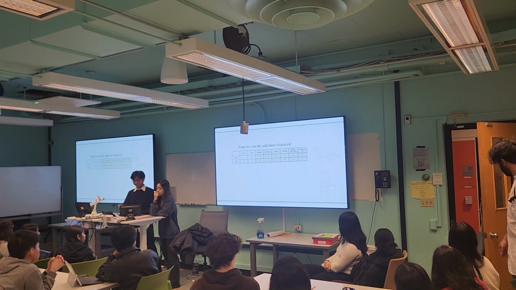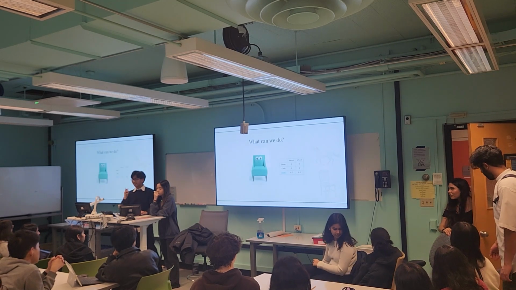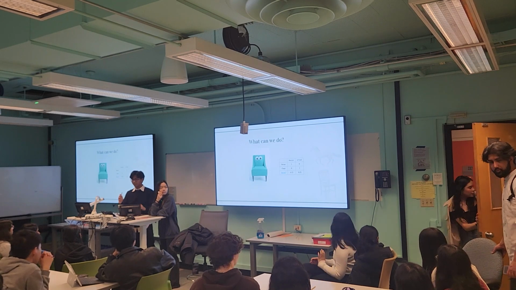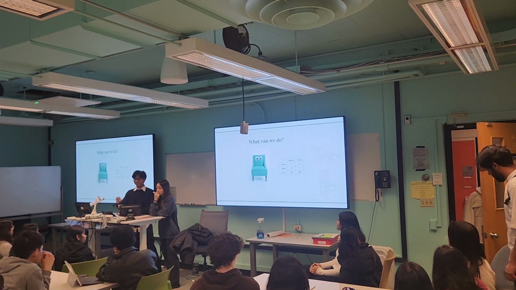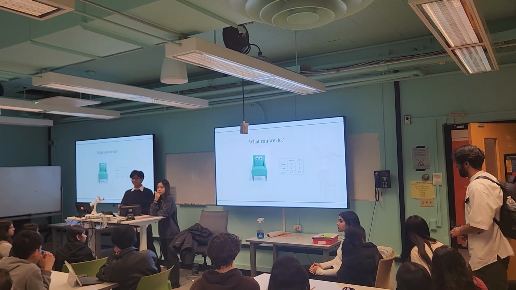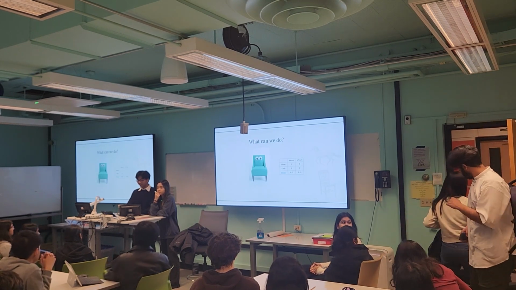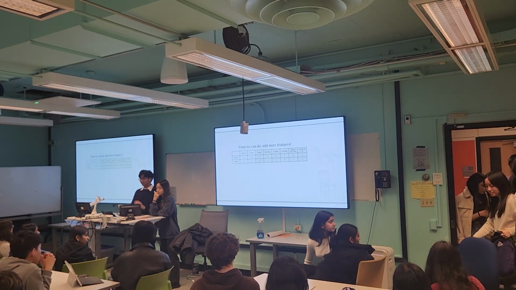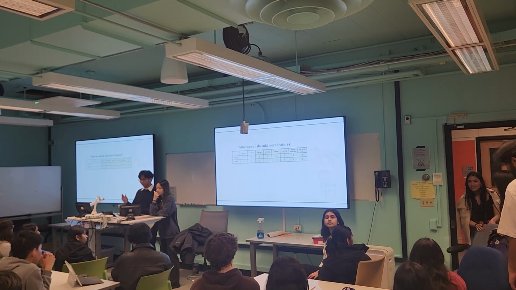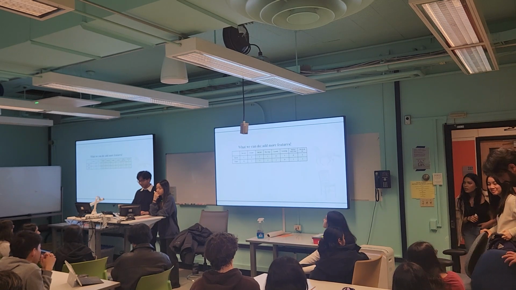What are some things we could do to make it better at classifying different things? One of the things we could do is add more features and variables to help distinguish chairs and horses.